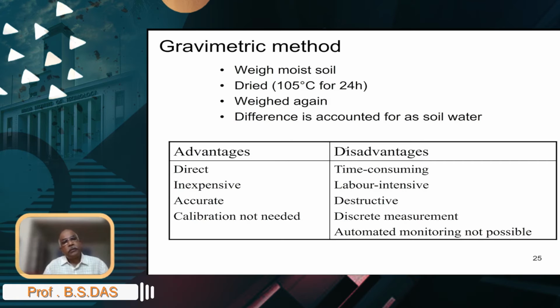Of course, the drying process can be a bit different. It may be possible to dry the soil using some kind of an infrared heater, or you can remove the water using a microwave.